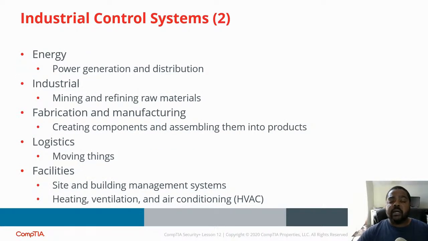So like I mentioned with the water system, these systems also go into energy power plants, industrial, different types of facilities and logistics facilities. And can you imagine if someone were to get their hands on a system that could pollute the water that you and I drink? And there's nothing that we can see from it because we don't have those systems connected to the internet. So it's not going to give us a warning like that.